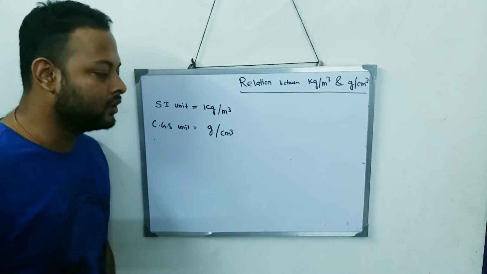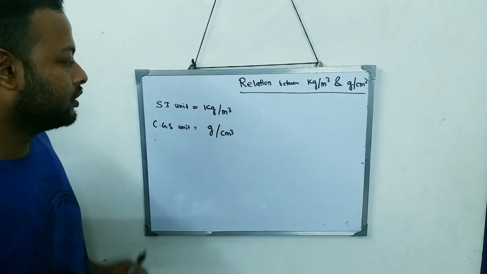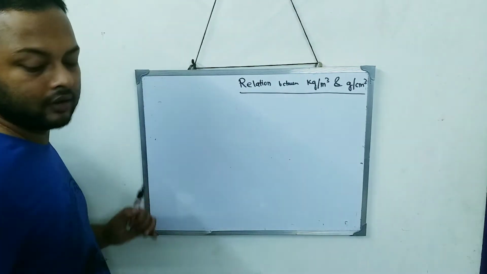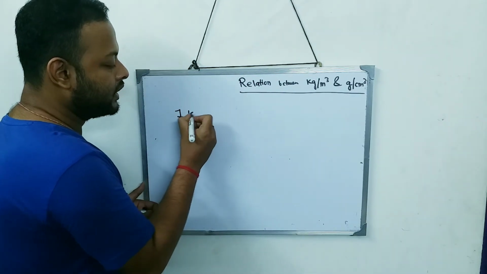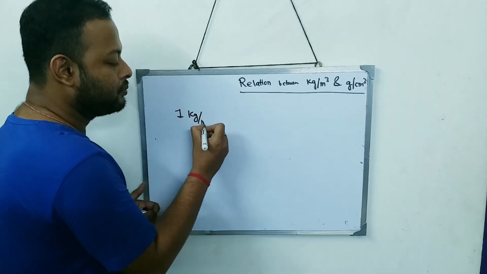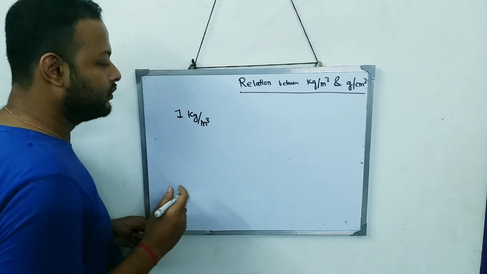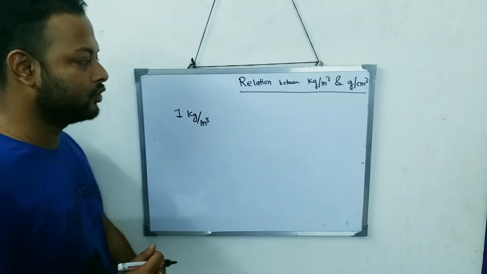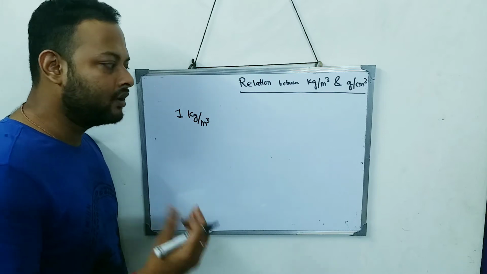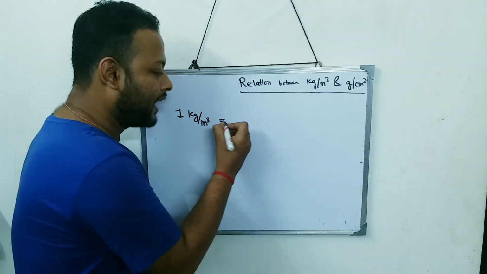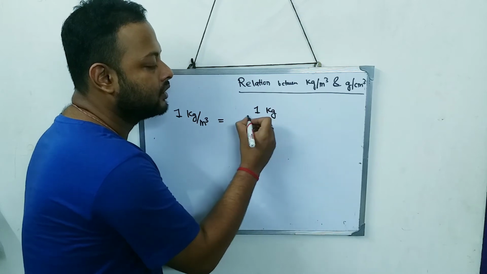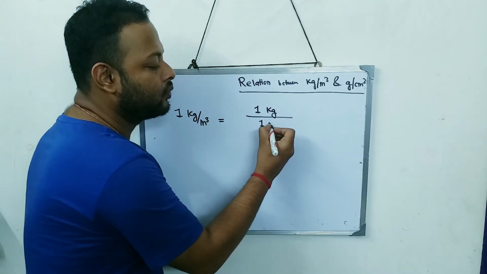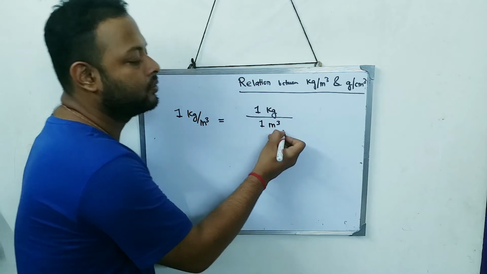So how are we going to do that? Now suppose we write 1 kg per meter cube. What does this mean? It actually means 1 kg divided by 1 meter cube.